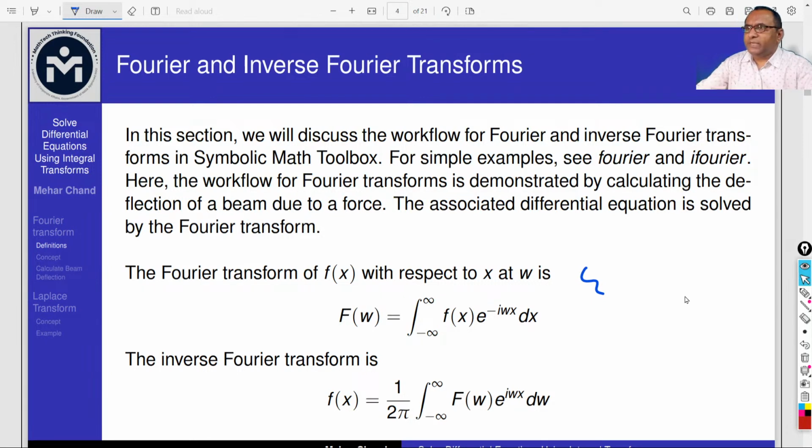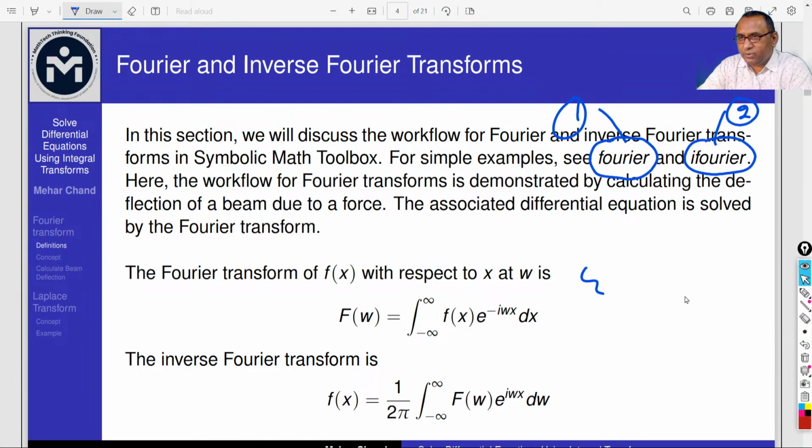Okay. So in this section, we will discuss the workflow of the Fourier and inverse Fourier transform in the Symbolic Math Toolbox. The Symbolic Math Toolbox is a special inbuilt tool in MATLAB, which we can use for different types of symbolic calculations. So for a simple example, see here, these are two inbuilt functions in MATLAB. The first one is used for the Fourier transform, and the second one is used for the inverse Fourier transform.